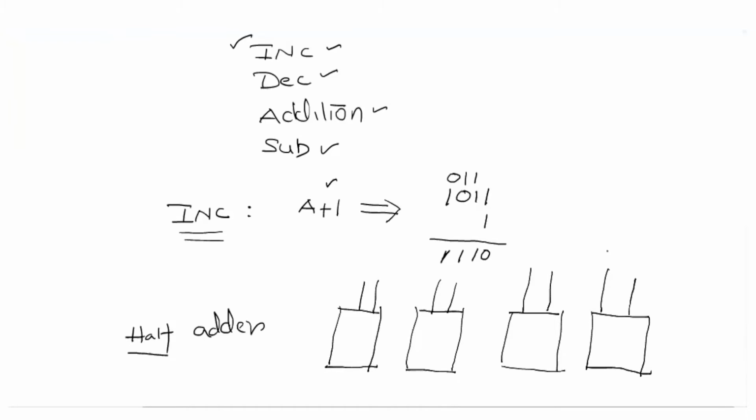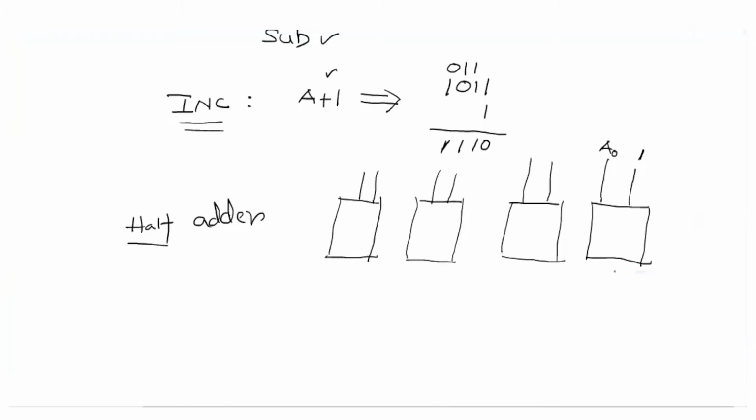So the first input is A0, meaning the least significant digit of A, and a 1. And here we do have outputs: sum 0, sum 1, sum 2, and sum 3, which will be given at every half adder level. Each and every half adder will give us an output, which is the sum of these 2 digits.